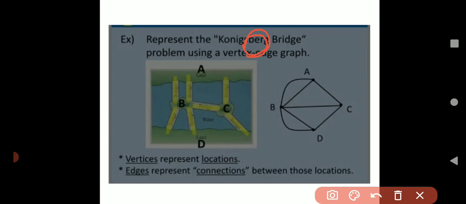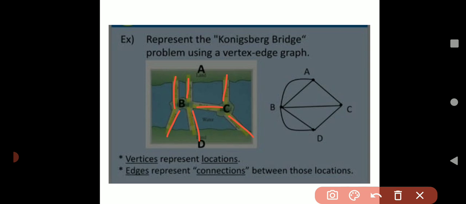There are totally 4 land areas that are A, B, C, D, and this river Pregel divides these land areas. There are totally 7 bridges to travel from one part of the city to another part of the city. These are the 7 bridges.